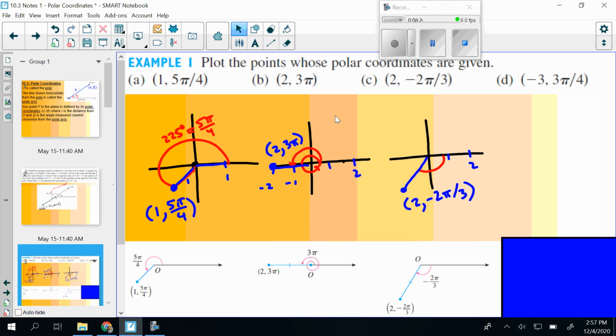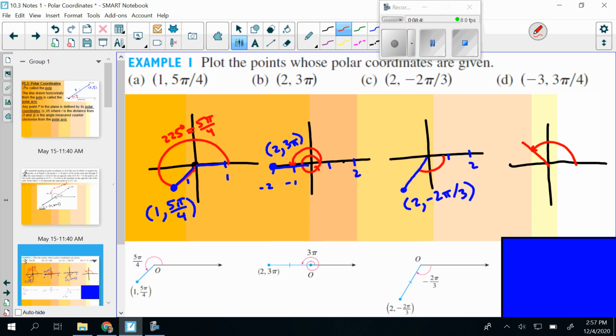This one has an angle of 3π over 4. If you convert that into degrees, that's going to be 135 degrees. So that's like a 45-degree angle here in quadrant 2. All right, so that's our angle.